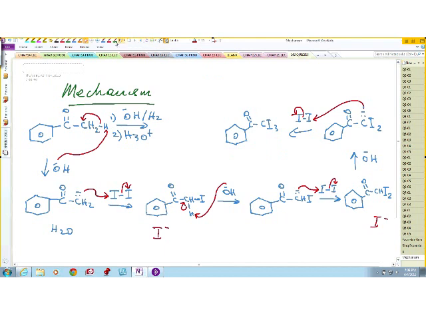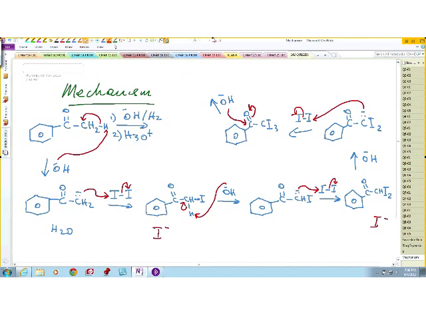The hydroxide comes in now. Comes in, attacks this. We've done this already, so we don't need to go too much into this.